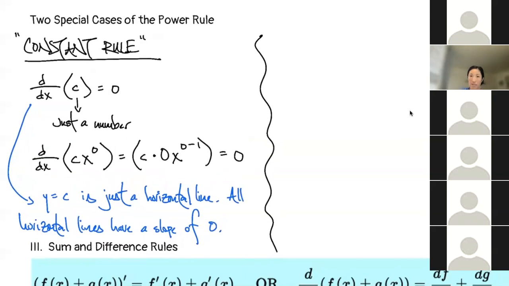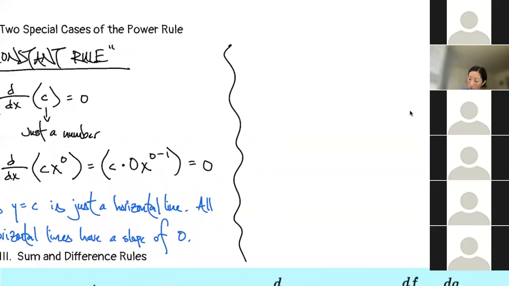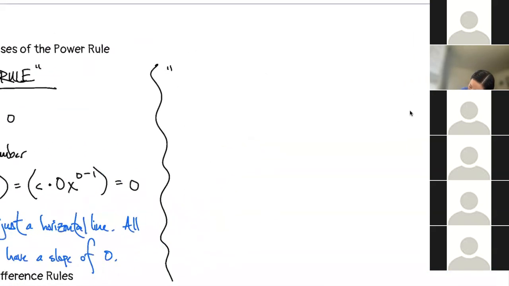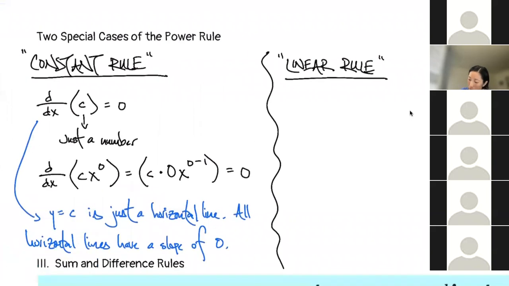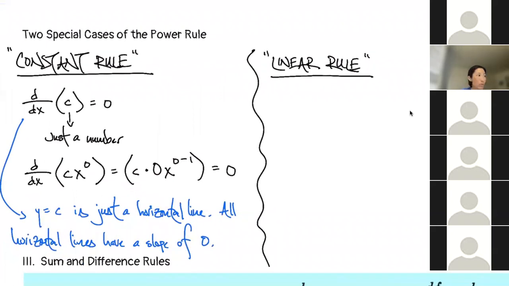There's another special case of the power rule. Some textbooks and some instructors actually give it a name. Oftentimes we call it the linear rule. Okay, so a constant rule and a linear rule.